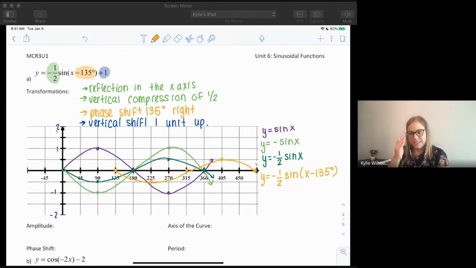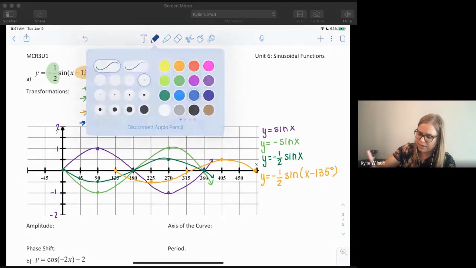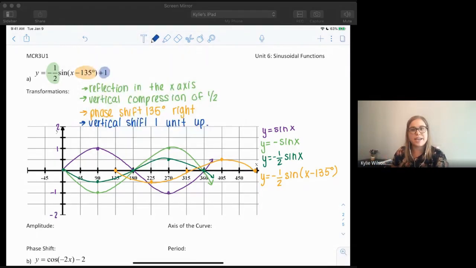Finally, the last one that we always deal with is our C value. So now we're going to take all of those points on my orange line and move them all up 1. There we go.